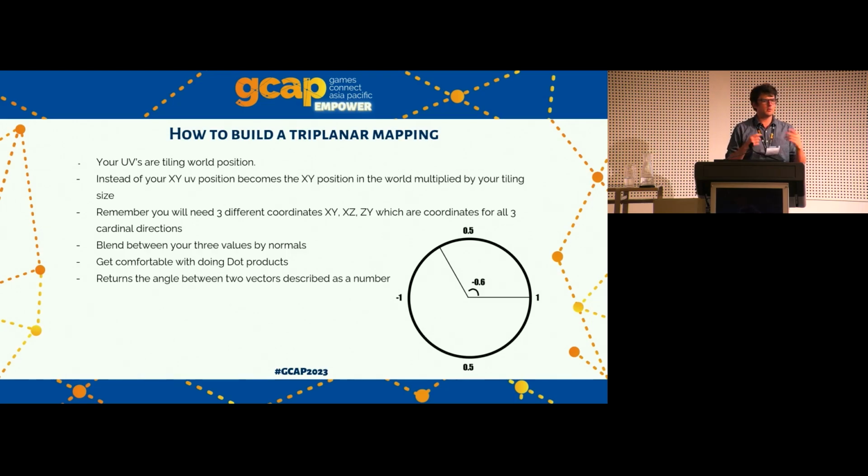Really simple. And if I'm doing a dot product, I can say dot product between 1, 0, 0 and the normal of my surface, and that will tell me, is it facing towards my surface, or is it facing opposite from the surface, or is it facing 90 degrees to the surface?